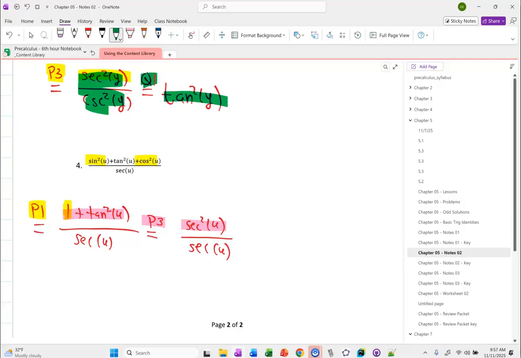All right, we're almost there on this one. We're at secant squared u over secant u. It's just like x squared over x, right? And then that goes away. But how do you take it out?